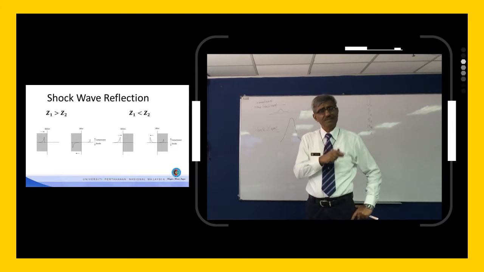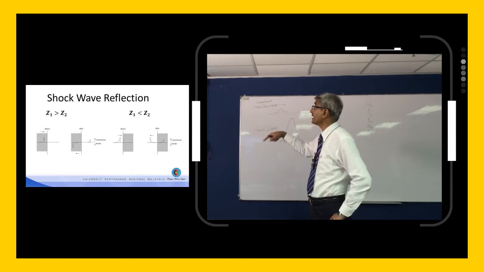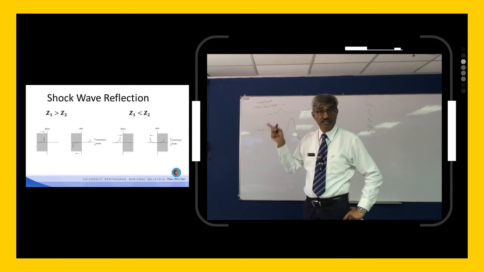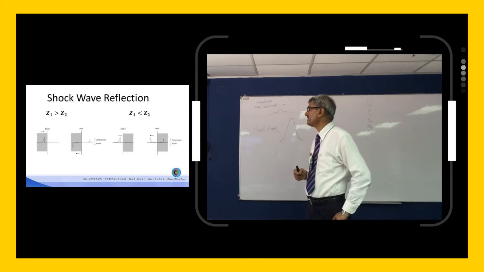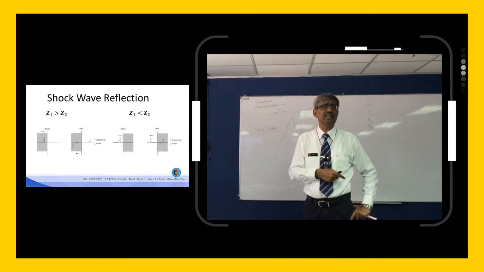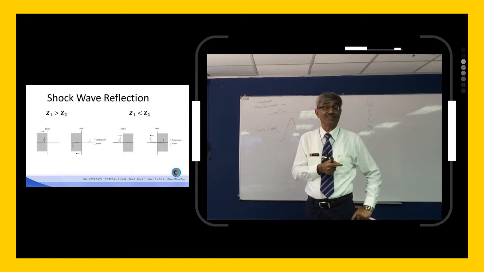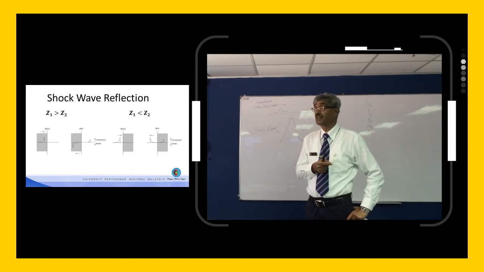When I say blast wave, then I am confined to atmosphere only. But I have to describe this whole phenomenon. It's very important. From defense point of view, we have to deal with so many weapon systems in which explosives interact with metal. Of course, they interact with air also.